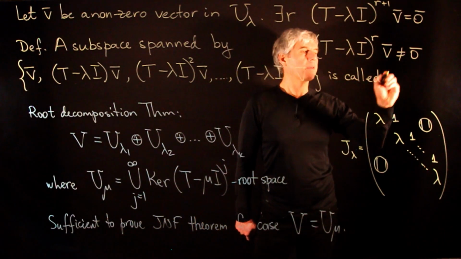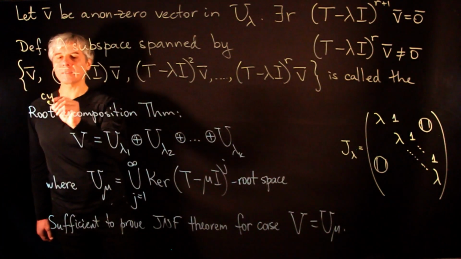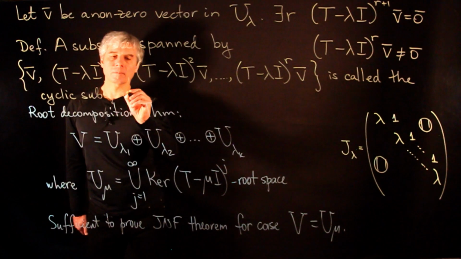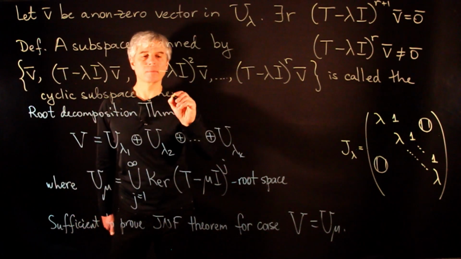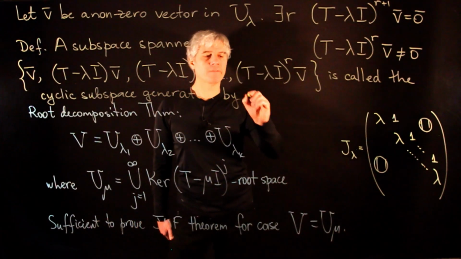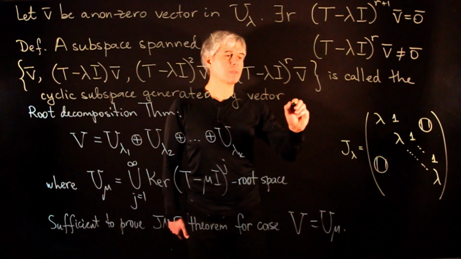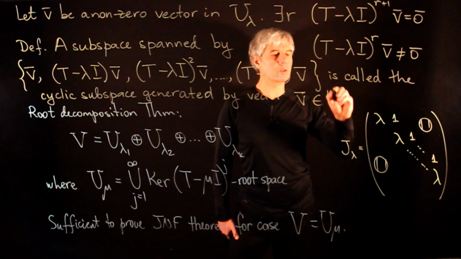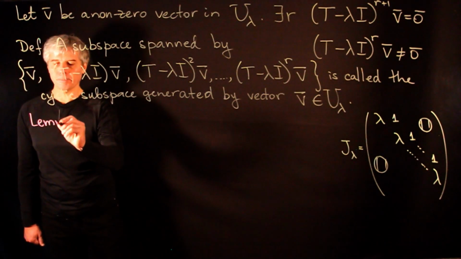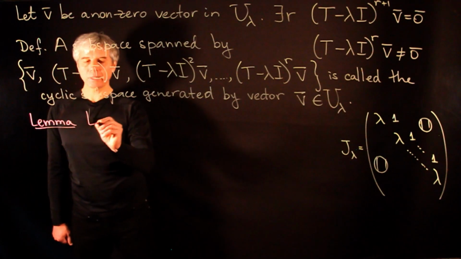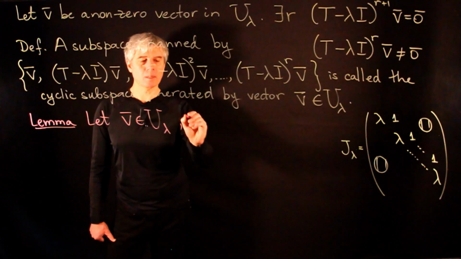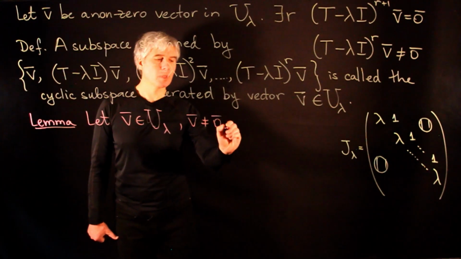is called the cyclic subspace generated by vector v in U lambda. Let us prove the following lemma. Let v belong to U lambda and v is not equal to 0.